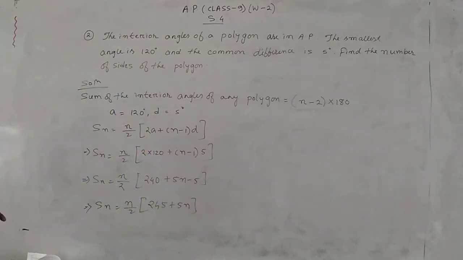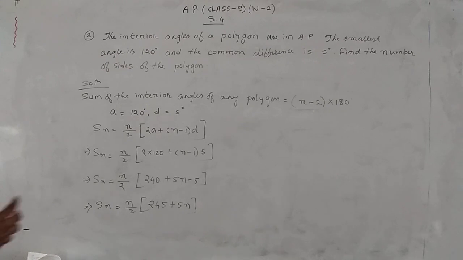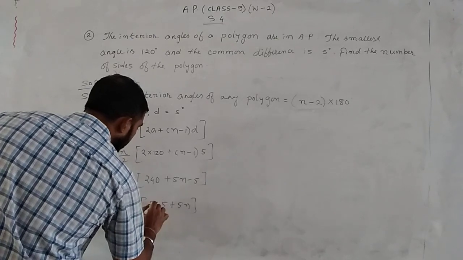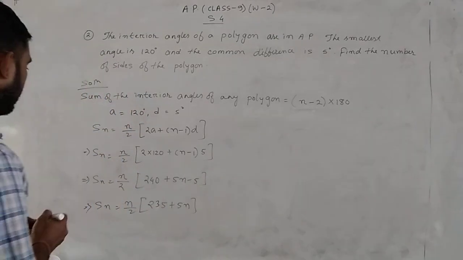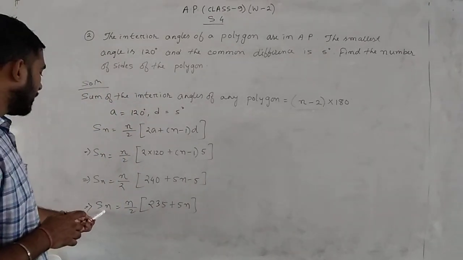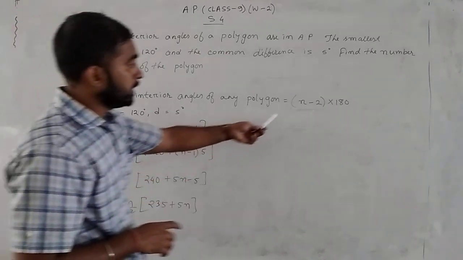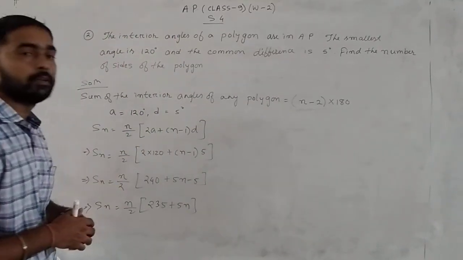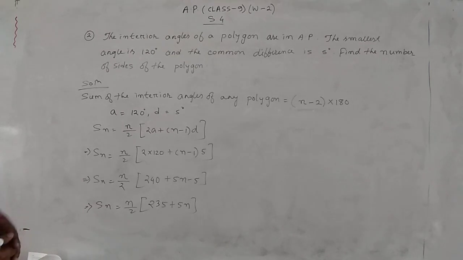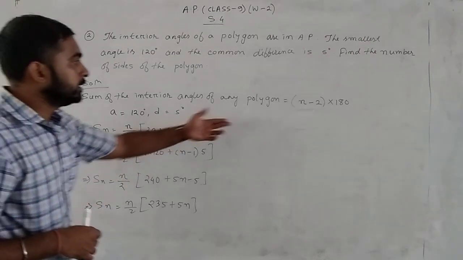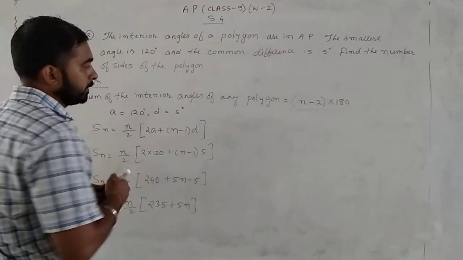So Sn equal to n by 2 into (235 plus 5n). Now this is the sum of the interior angles of the polygon, and this is another formula to find the sum of the interior angles of any polygon. This is Sn, this is also Sn, so now we can compare them.